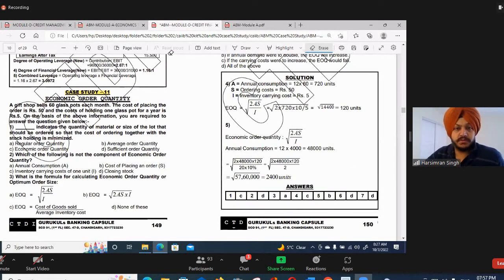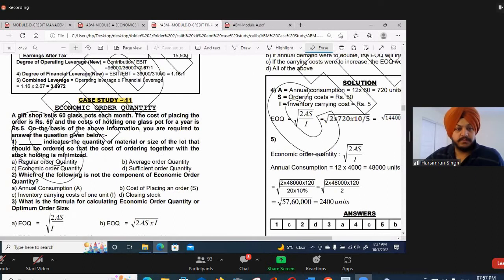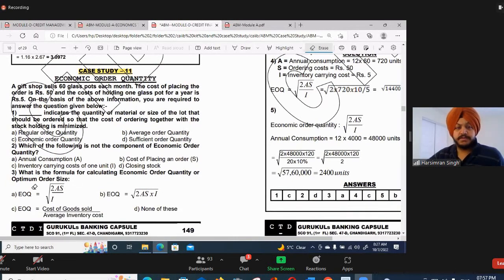So see this question number 11 first. A gift shop sells 60 glass pots every month. So what are the sales? 60 pots every month. The cost of placing the order is 50 rupees. And cost of holding one glass pot for a year is 5 rupees.